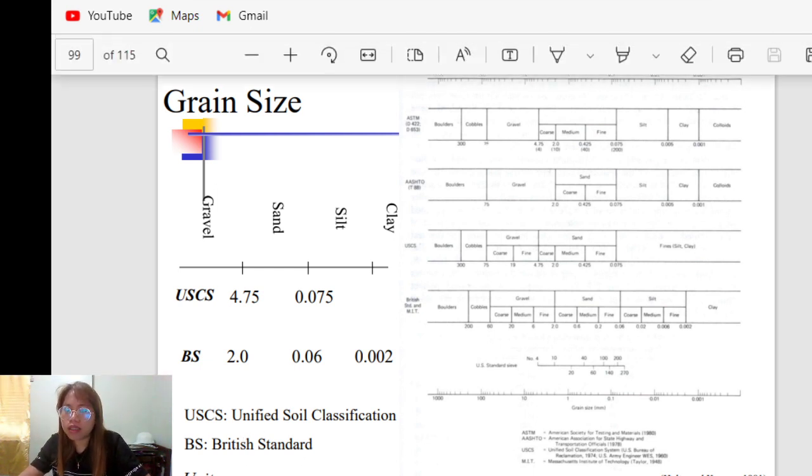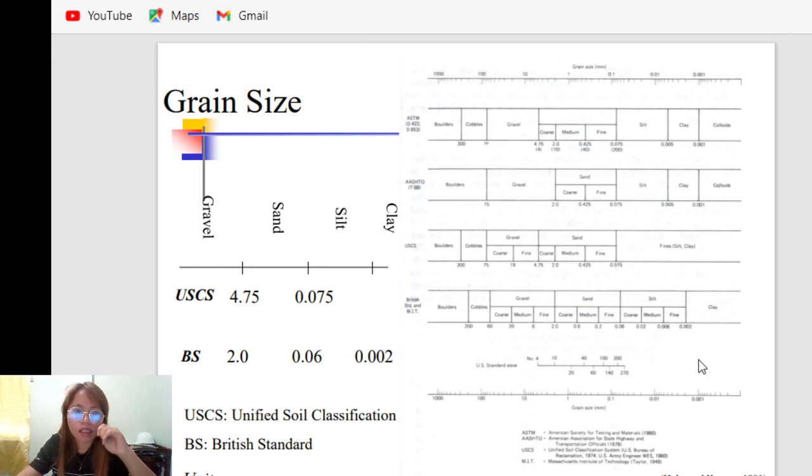And we also have this table, which is not very clear, but this is the classification also from ASTM D472, AASHTO, USCS, British Standard and MIT.